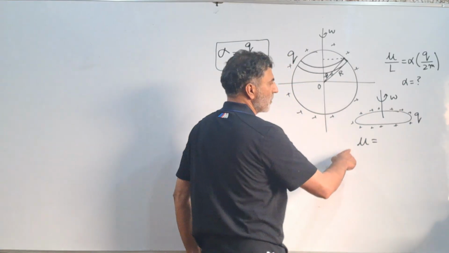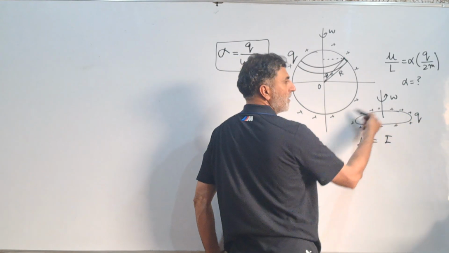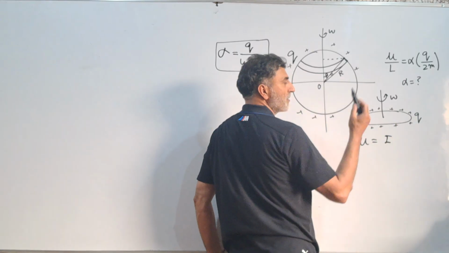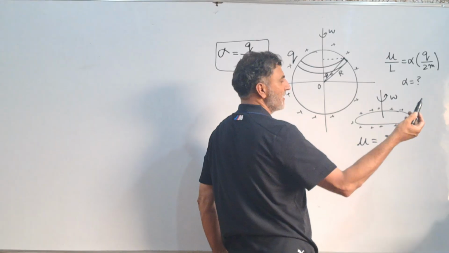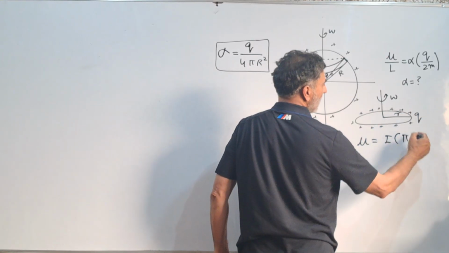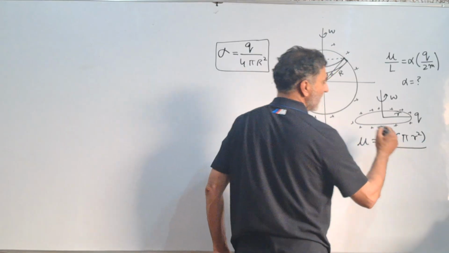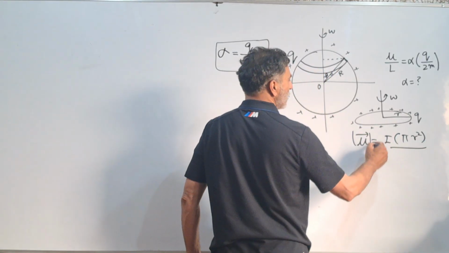So I will write mu is equal to current which is produced by the rotation of the ring, because when the charged ring rotates it becomes a current, motion of the charge, current into pi r square, small r pi r square. This is the magnetic moment. Of course ये वेक्टर है और ये मैग्नीट्यूड है इसका.